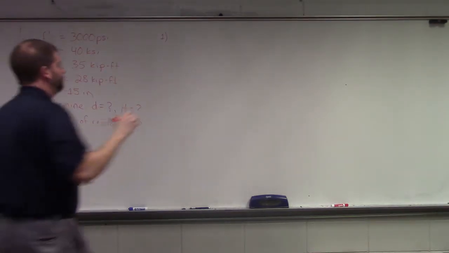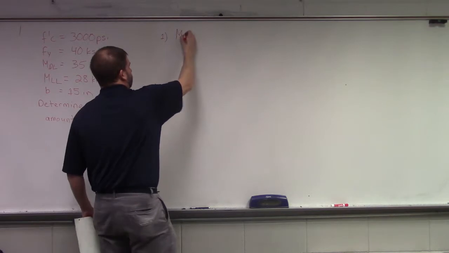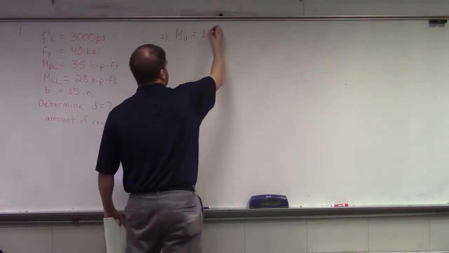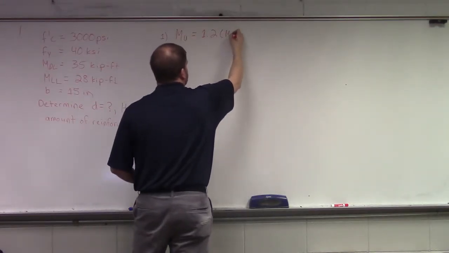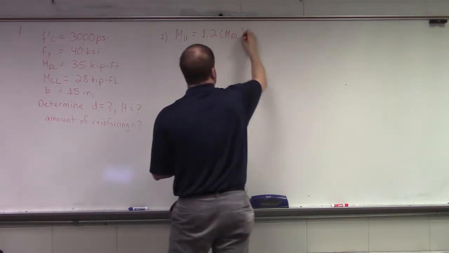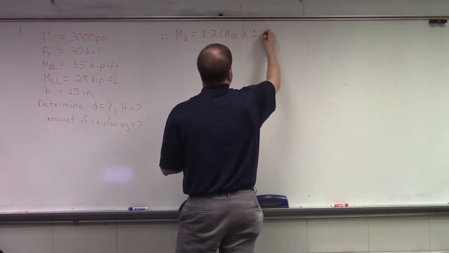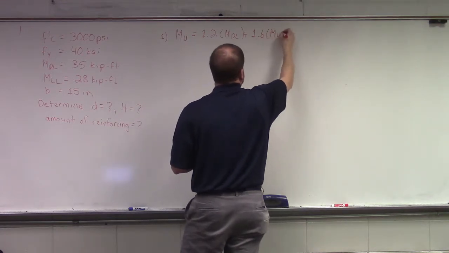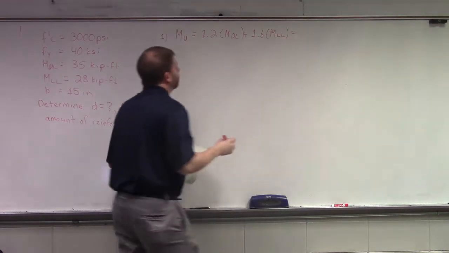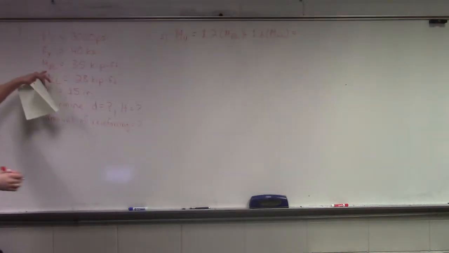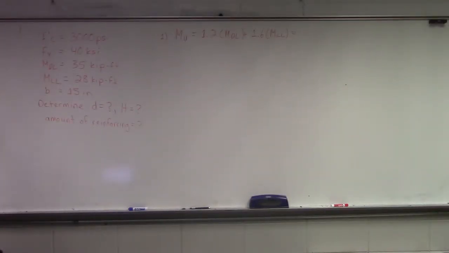So, M sub u, the loading condition, to determine Mu according to the notes. So 1.2 times the dead load. It doesn't matter whether we're in kip or ksi or psi, it's a constant.